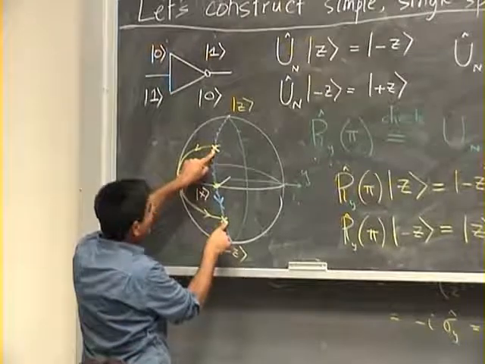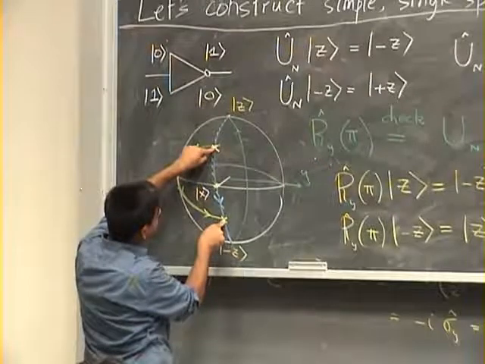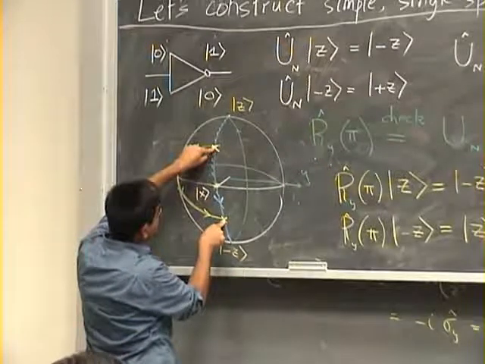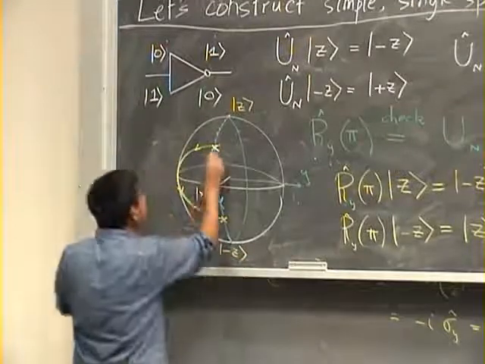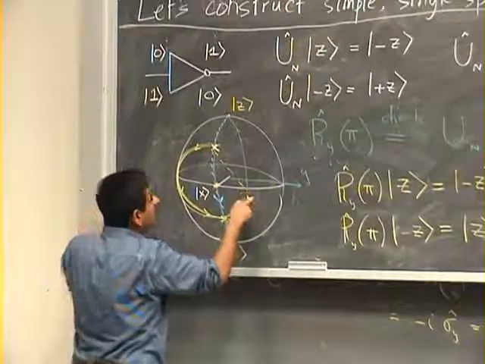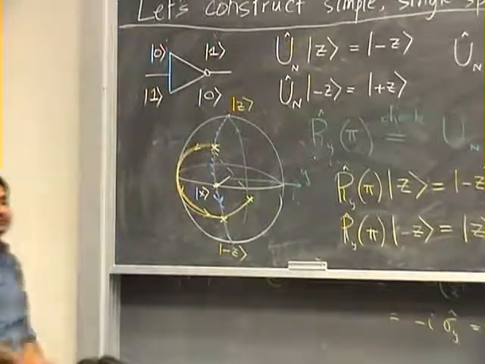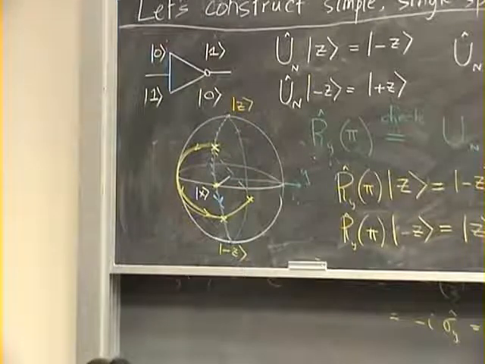So this state will be transformed to this state, and this state, where will you end up? You will end up towards the back. And this final state and the initial state will be 180 degrees with respect to one another. They will be orthogonal.